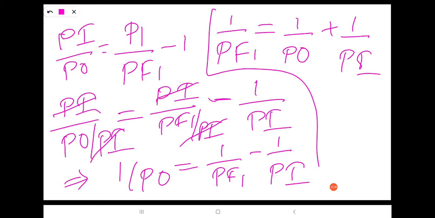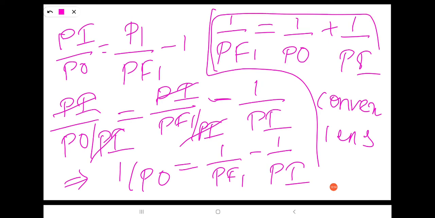Yes, so this equation is derived for a particular case of the object while using a convex lens only.